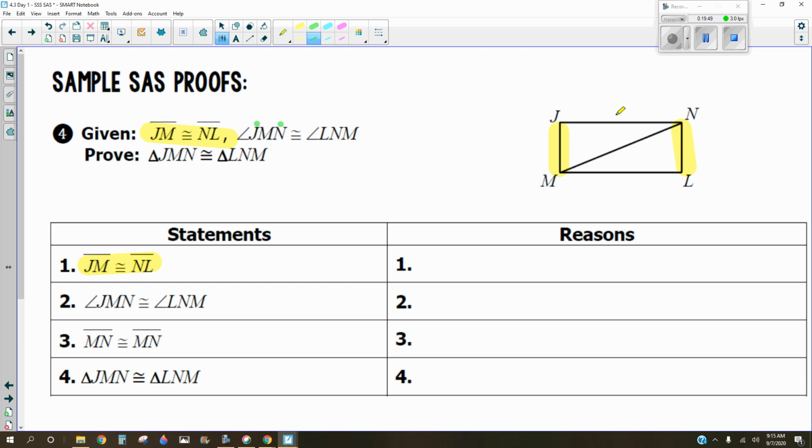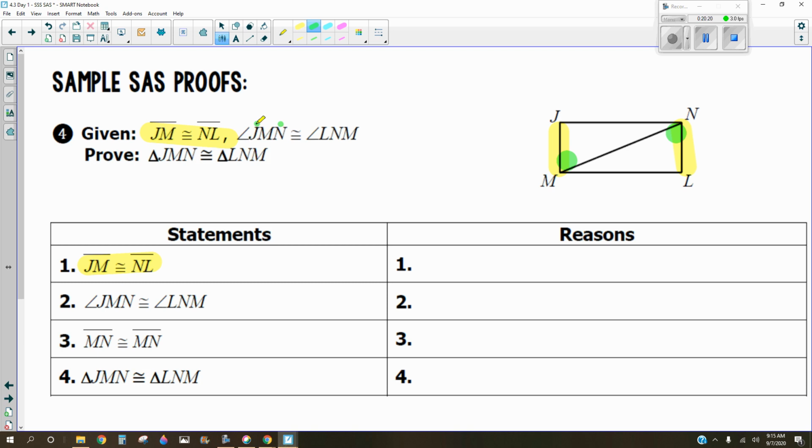So J and N, M is the bending point. So it's talking about this corner right here. J to N, where it bends at M, is the same as LM bend at N. LM bend at N. So these two are the same.